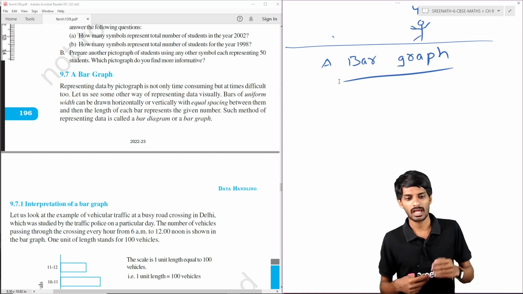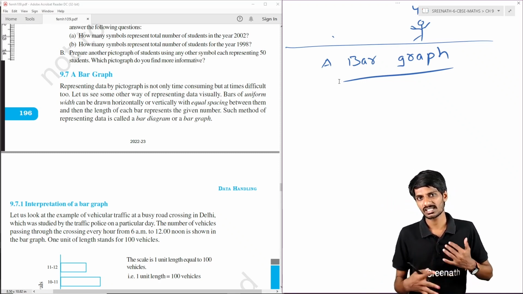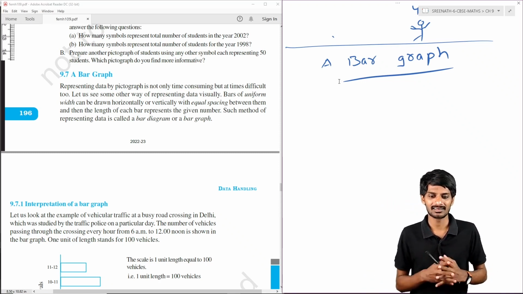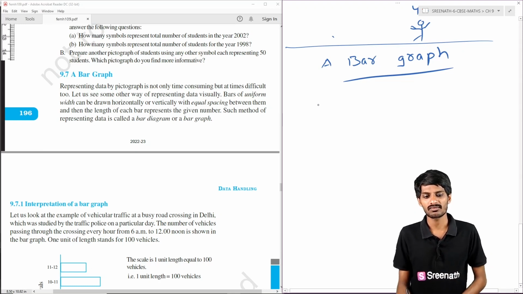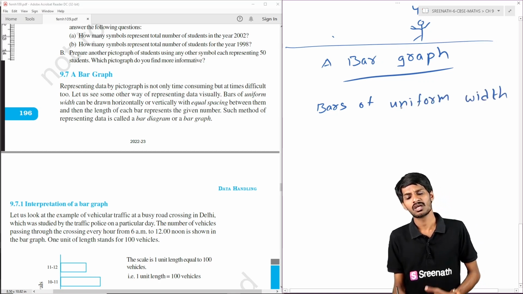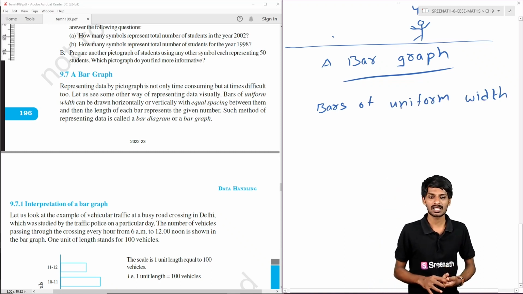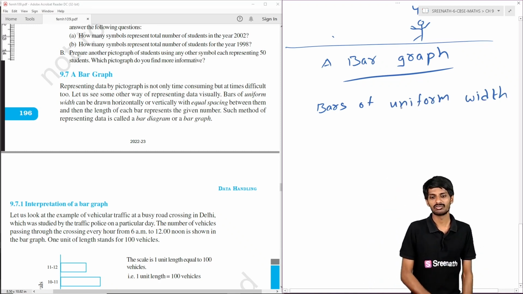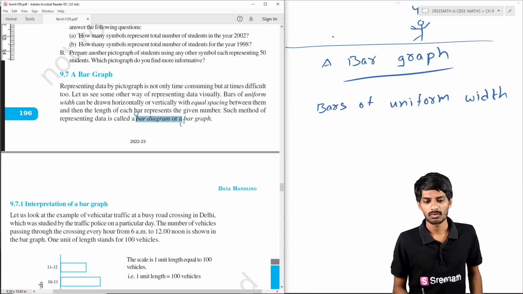So we are searching for another way of representing data, that is bar graphs. Bar graphs consist of bars of uniform width. The length of the bar represents the given number, how much value it is. Okay, students. That is called a bar diagram or bar graph.